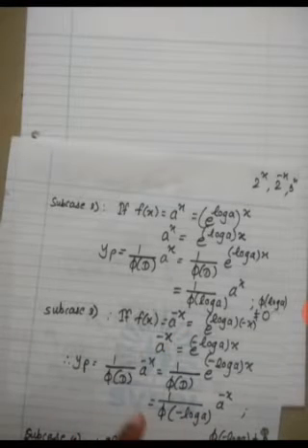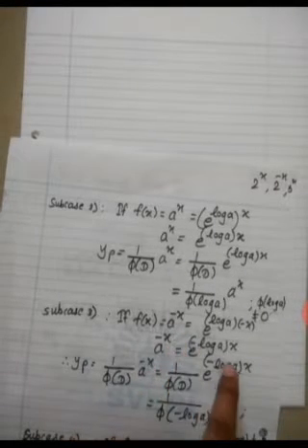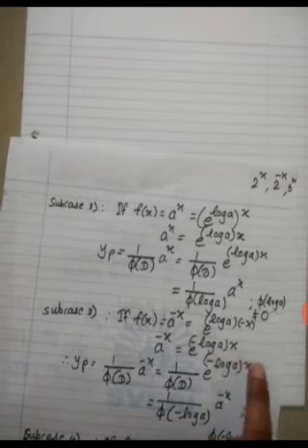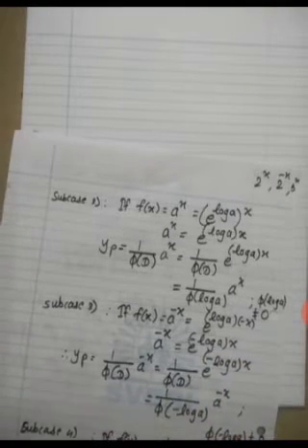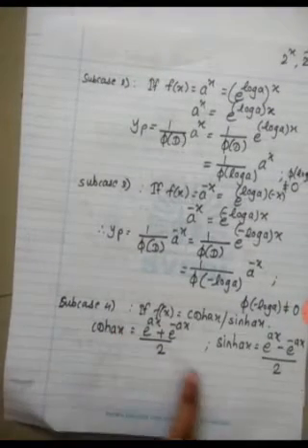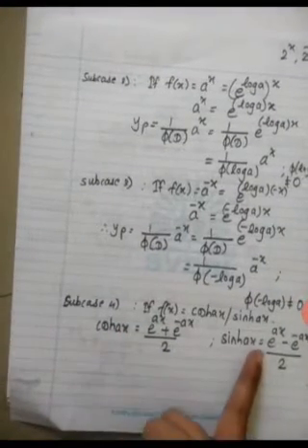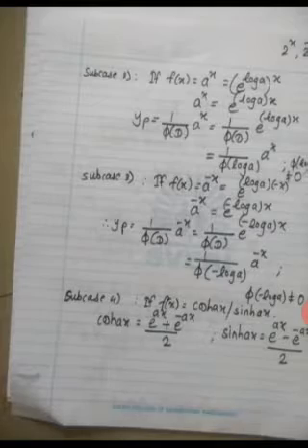If it is a raised to minus x, again it is converted to e raised to minus log a x. And the last case is cos hyperbolic and sin hyperbolic, for which we have direct formulae. Now we must take an example on this.